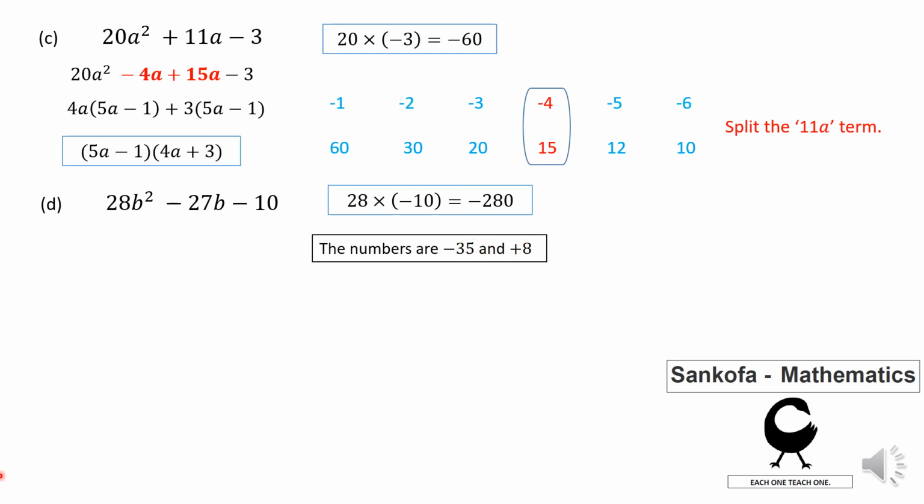Sometimes I would advise you that you can find the 280. You can write it in prime factor form. Sometimes it helps me. I know that 280 is nothing but, in prime factor form, 2 cubed, which is 8, times 5 times 7.